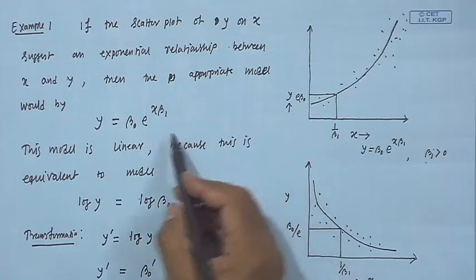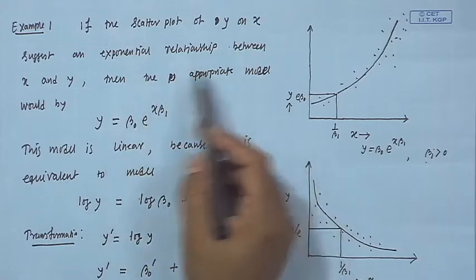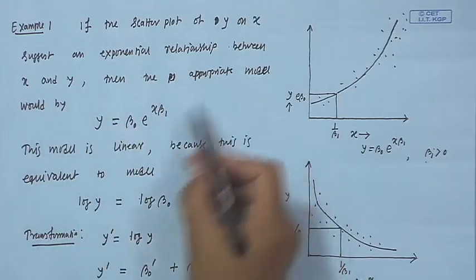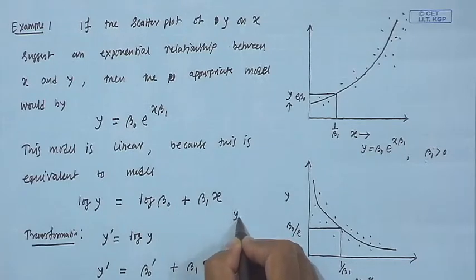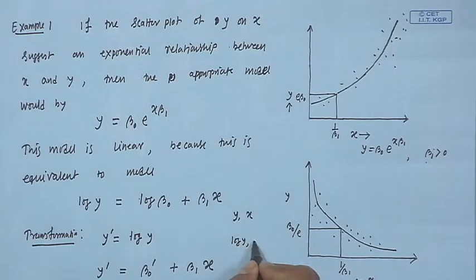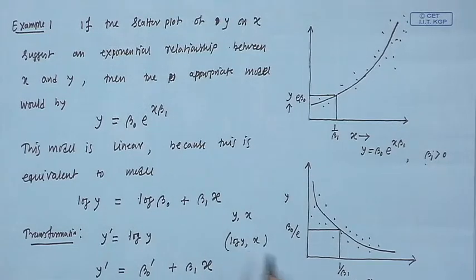So, even if you see that the relationship is exponential between the response variable and regressor variable, the appropriate model is this one, and then you can transform it to a linear model. So, given y and x, you transform y to log y and x, and then you fit a linear model using this transformed data.